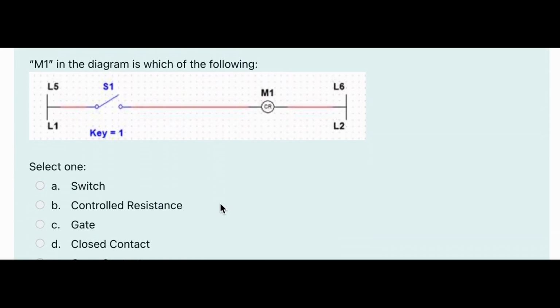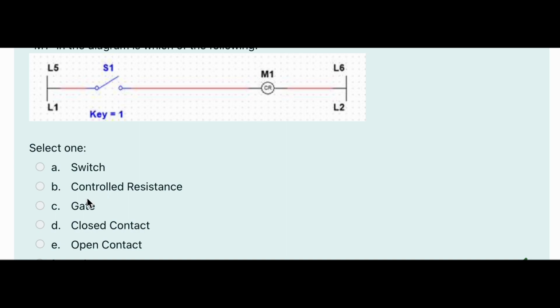Next, we are going to look at this diagram. It's asking us, M1 in the diagram is which of the following? Well, M1, if we remember from the lab, is this part right here. And it's not a switch or a controlled resistance or a gate. It's also not a closed or open contact, right?